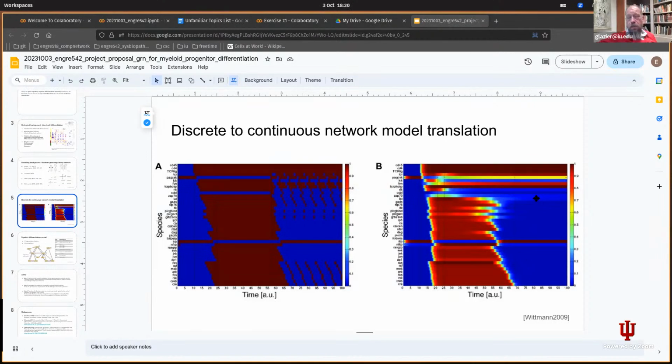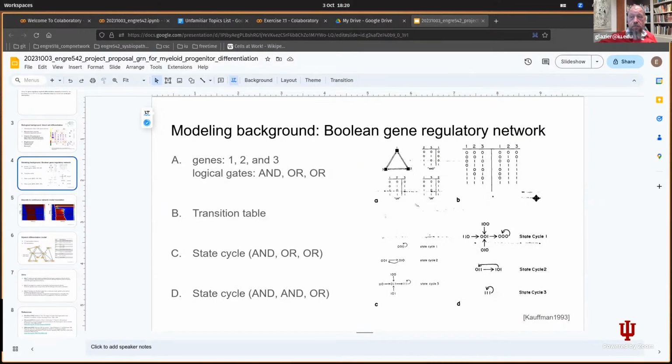I mean, one thing that's maybe important is that the basic idea behind the Kaufman idea of Boolean networks is the idea of transcriptional delays, that you have a time when the gene is turned on or off, and then it takes some amount of time before the product is turned on or off again. That's why you can have steps.